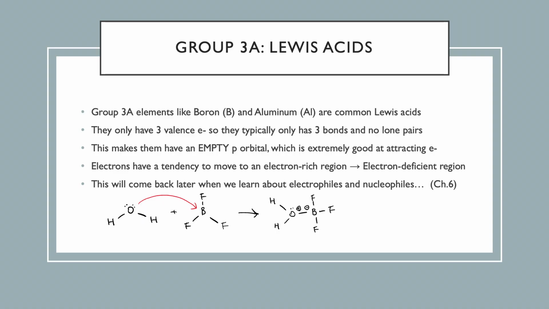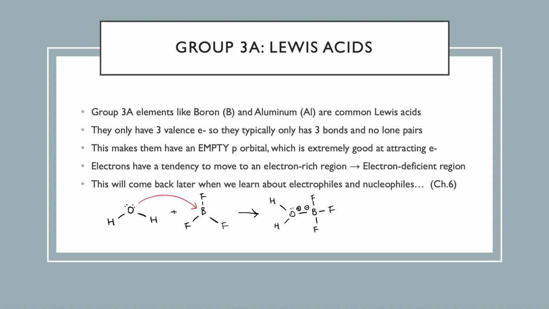What's so special is that they only have 3 valence electrons, and to have a formal charge of 0, they typically have 3 bonds and no lone pairs. However, the lack of lone pairs creates an empty p orbital, which is extremely good at attracting electrons. Why? Because you'll later learn that electrons have a tendency to move from electron-rich regions to electron-deficient regions, a concept that will haunt you back in Chapter 6 and onward.